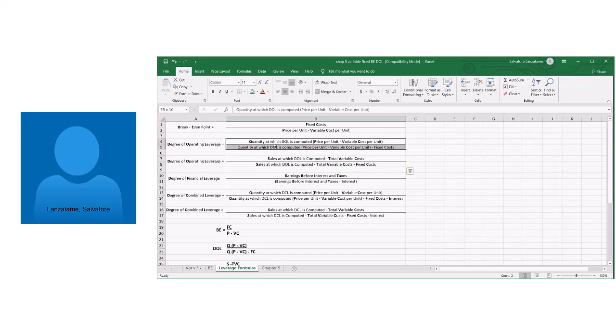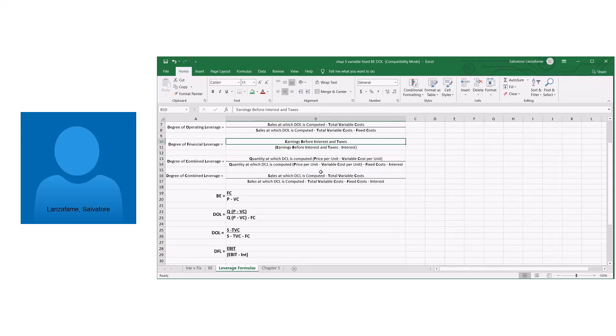So you can either go by units if you're given units, or you can go in dollars. Degree of financial leverage, there's only one way to do that one. Earnings before interest and taxes, EBIT. And you're going to divide that by your earnings before interest and taxes minus your interest. And degree of combined leverage, there's a quantity approach and there's a dollar amount approach.